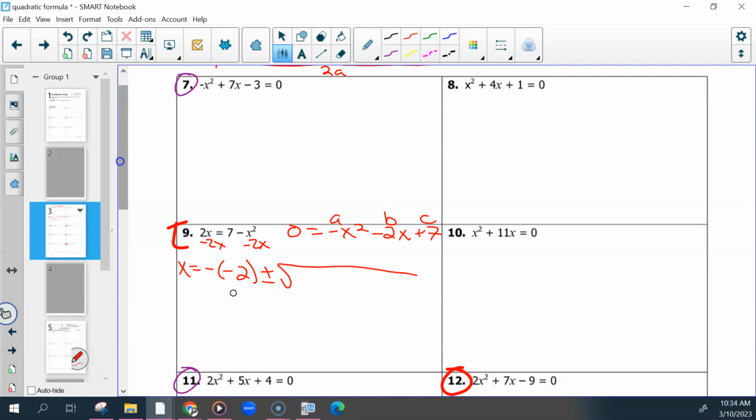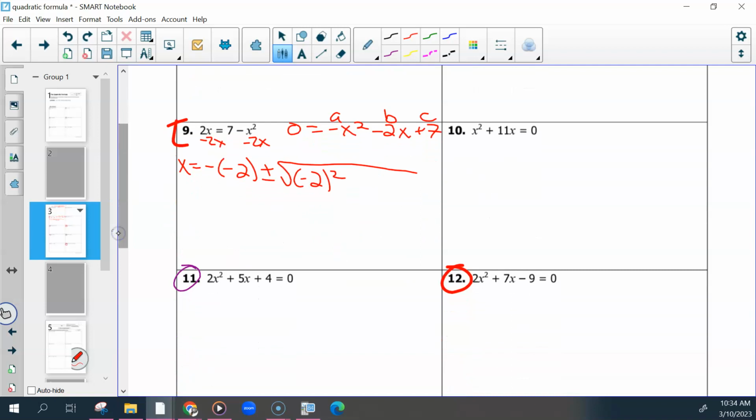You could go ahead and make that plus now, or you could wait till the next step, either or. Negative 2 squared. You could make that 4 or wait till the next step. Minus 4 times A, which is negative 1, times C, which is 7, all over 2 times negative 1.